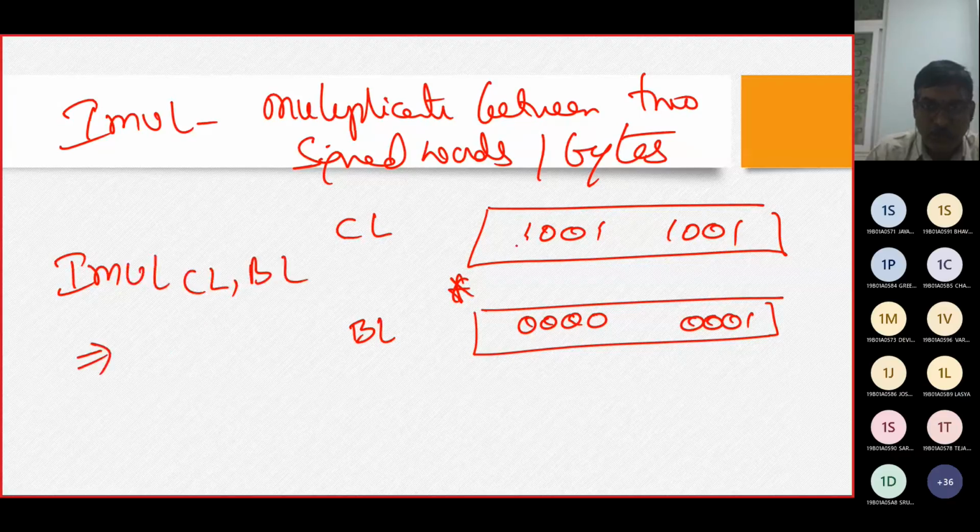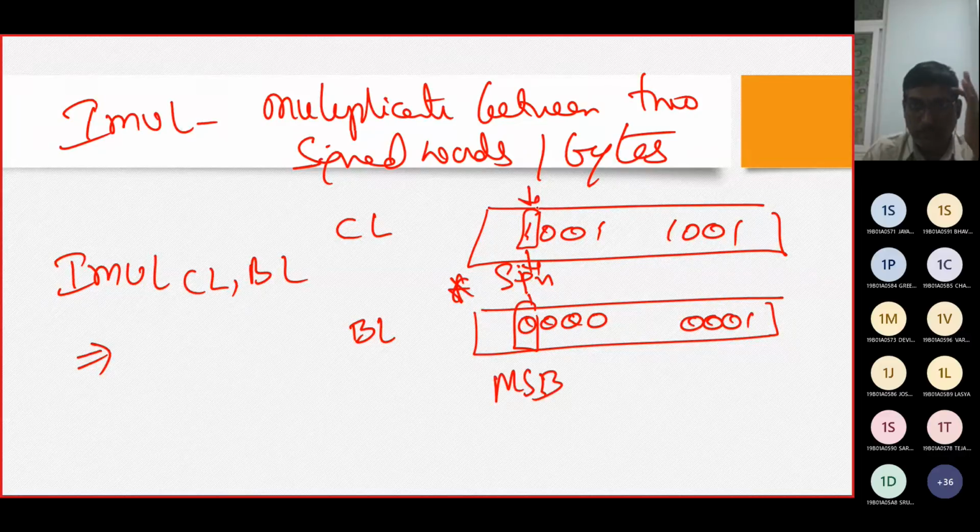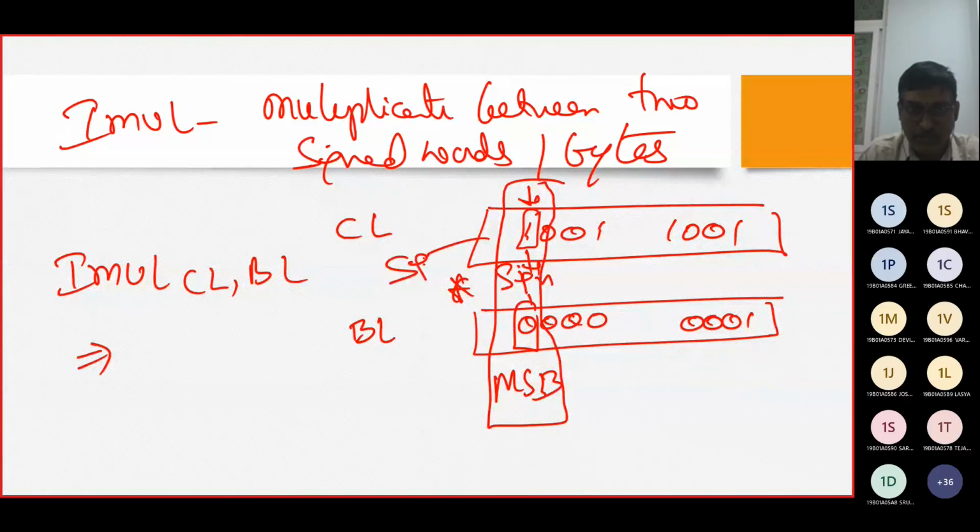So the first position is going to indicate the sign. The most significant bit we are going to consider is treated as a sign. So one means a negative number, and zero means a positive number.